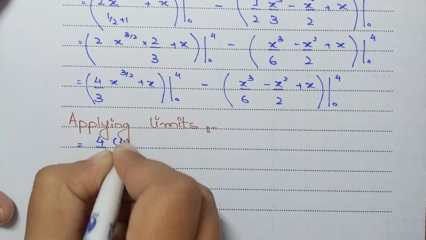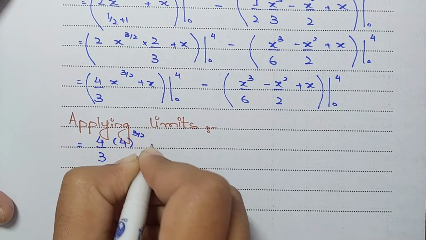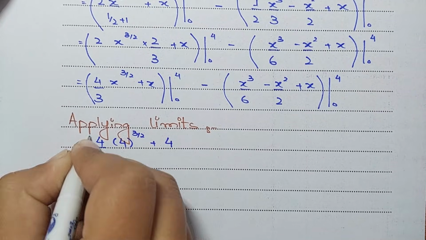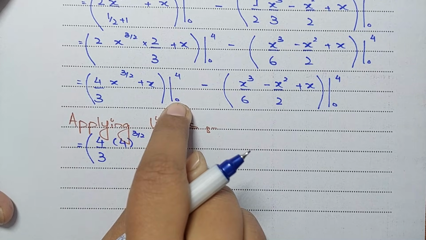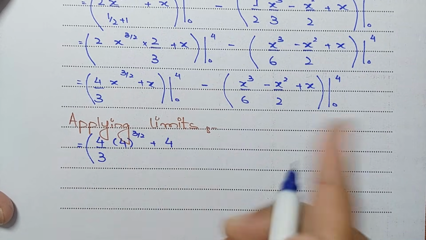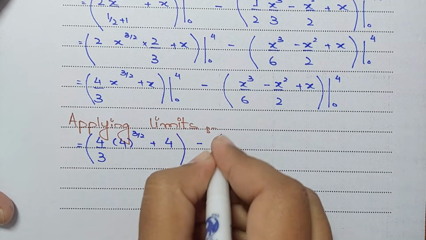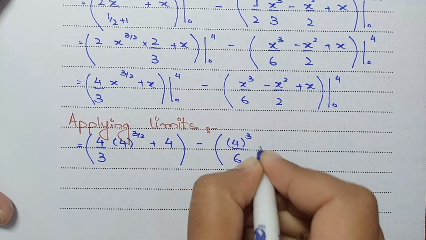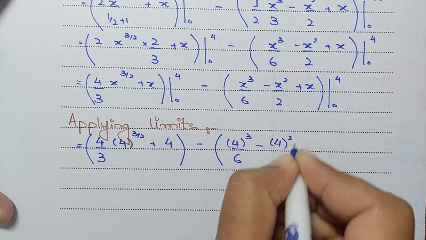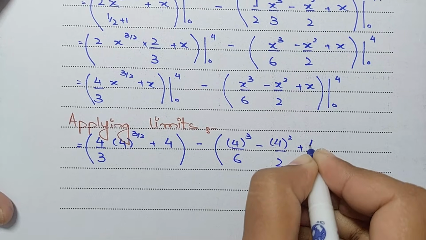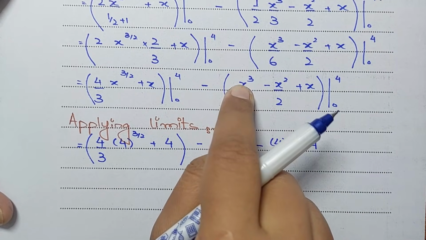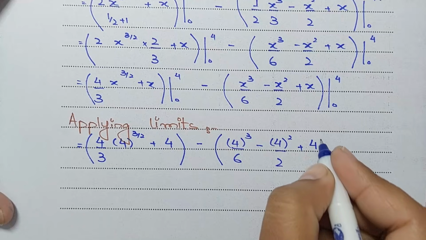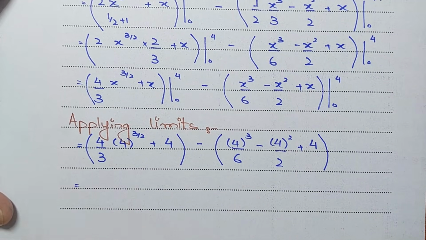The upper limit is 4 to the power 3 by 2 plus 4. Subtract the lower limit 0, so no need to do that. Upper limit is 4 cube divided by 6 minus 4 square over 2 plus 4, minus the lower limit 0. No need to write it down. Just simplify that.